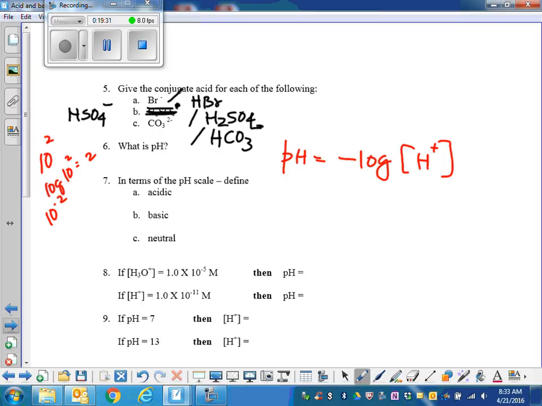What is the log of 10 to the -2? -2. But if I take negative log of 10 to the -2, what is it? 2. And that's what is pH. It's negative log of the hydrogen ion concentration.